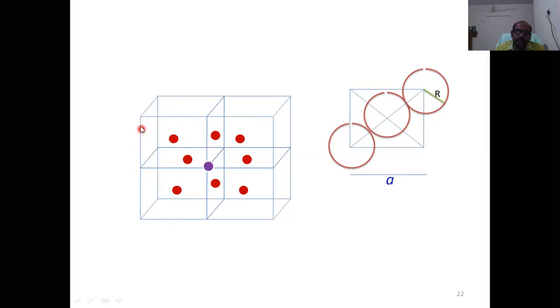Similarly, for this face it is the face center point, and here also it is the face center point for this cube. Now another face center point, it is one face. So now we identified all the face centers.